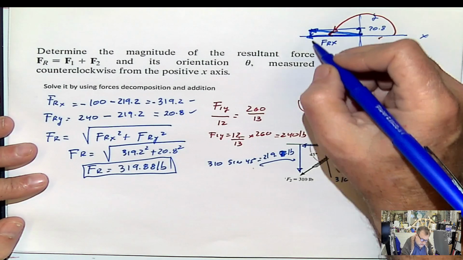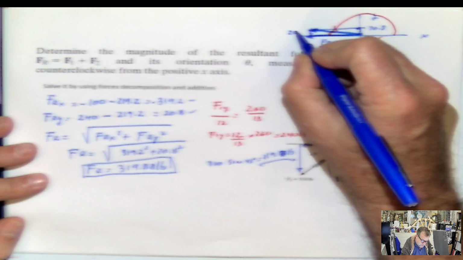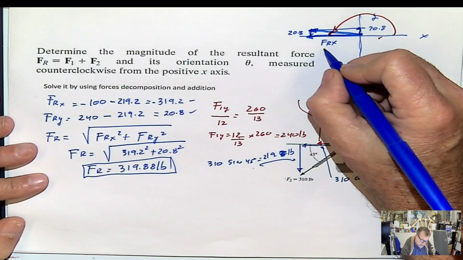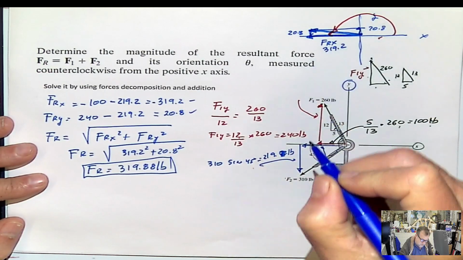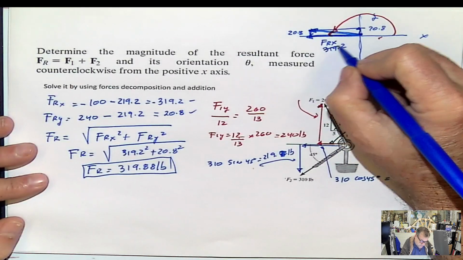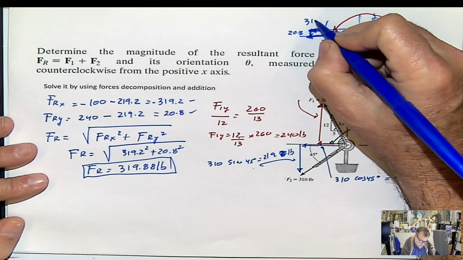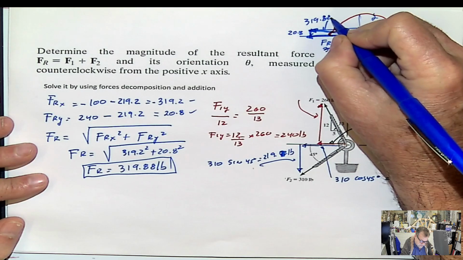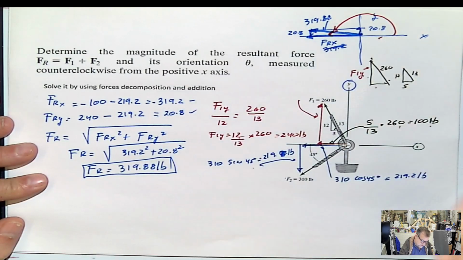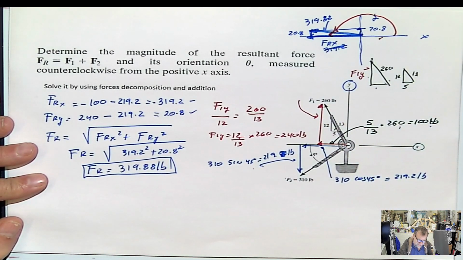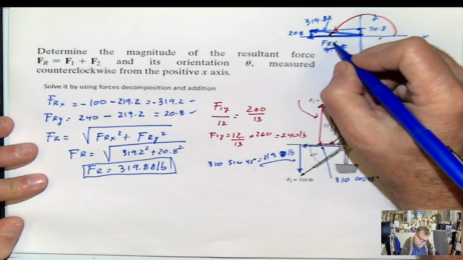Now this value, as I say, the y component is 20.8, in absolute value, and this one here is 319.2. I told you this is live, I'm not rehearsing anything. This one is 319.88, and that was 319.2. Oh my god, 319.2.